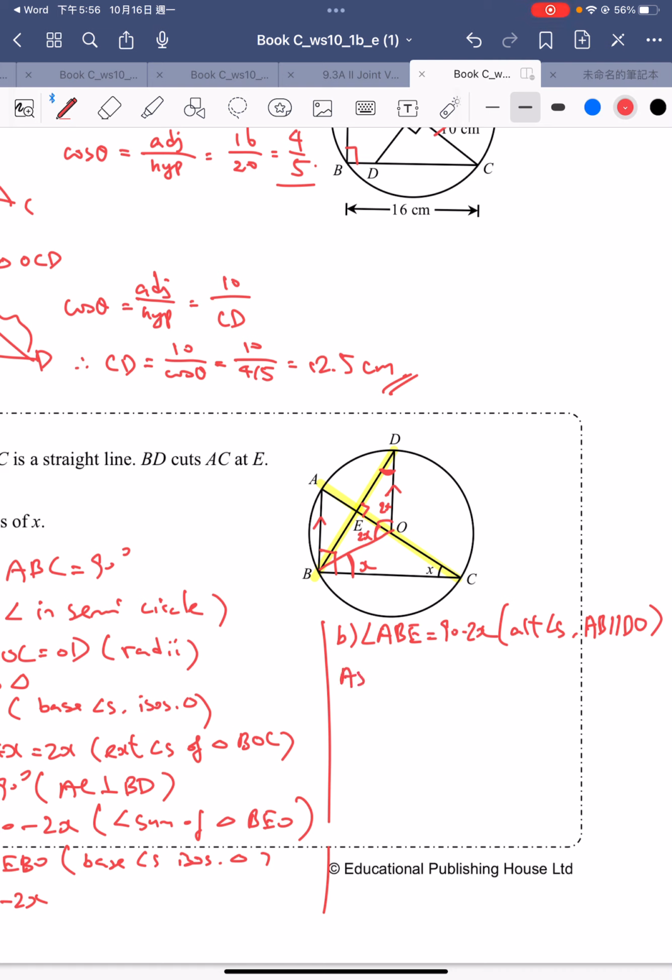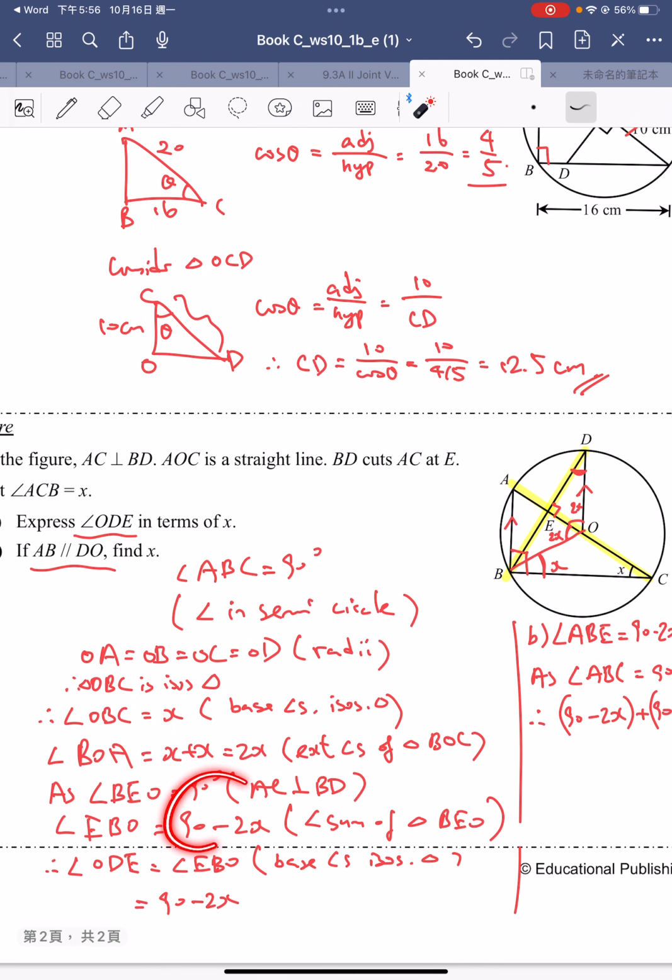So as the angle ABC is equal to 90 degrees, we have 90 minus 2x plus 90 minus 2x plus x. The first 90 minus 2x is the angle ABE, as we find it here. The second angle EBO is equal to 90 minus 2x as well, as we find it here.